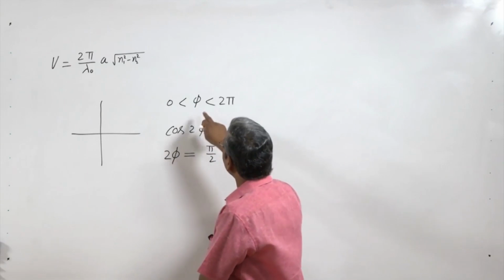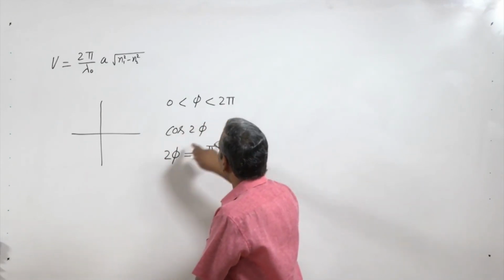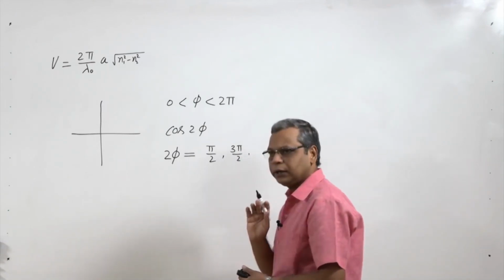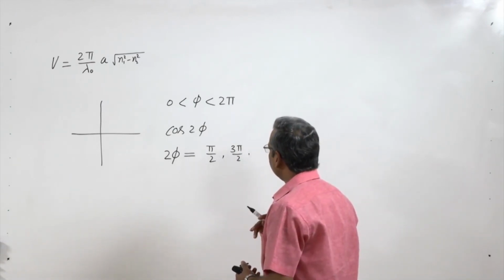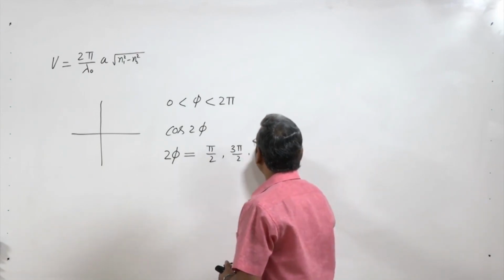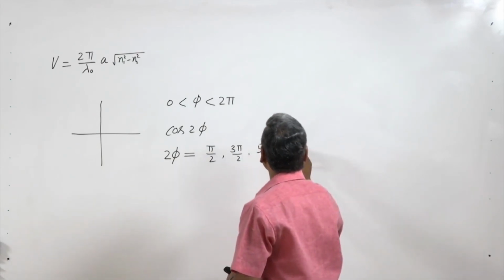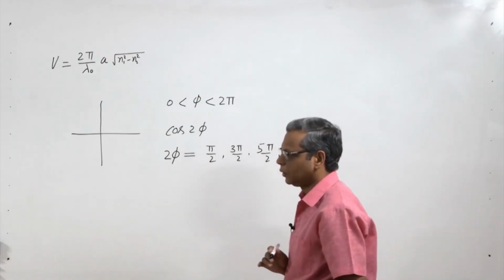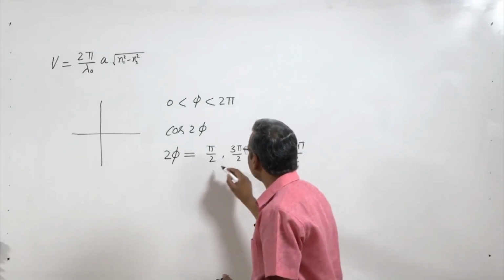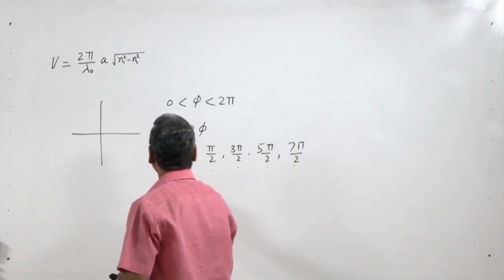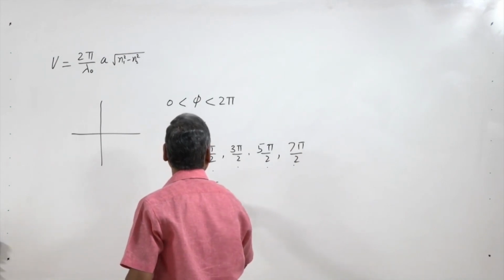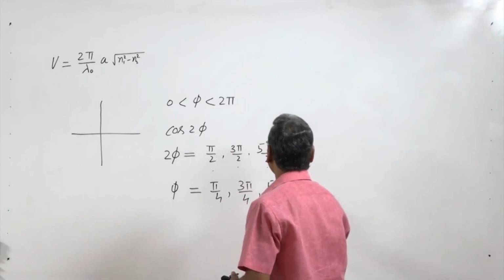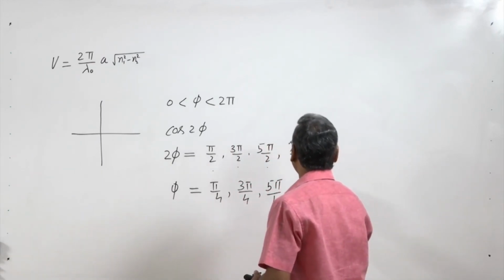Because phi goes up to 2 pi, 2 phi will go up to 4 pi. So, until you reach 4 pi, you do not stop. So, 3 pi by 2, 5 pi by 2, and then 7 pi by 2. After that it would be 9 pi by 2, which is more than 4 pi, so you stop here. So, these 4 zeros would be located at phi equal to pi by 4, 3 pi by 4, 5 pi by 4 and 7 pi by 4.